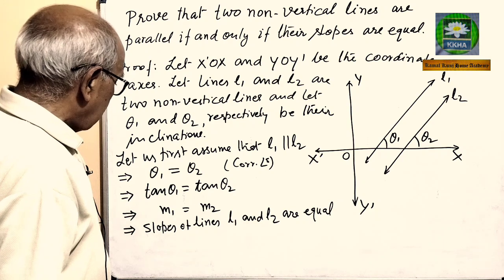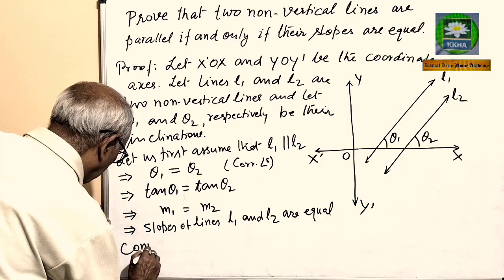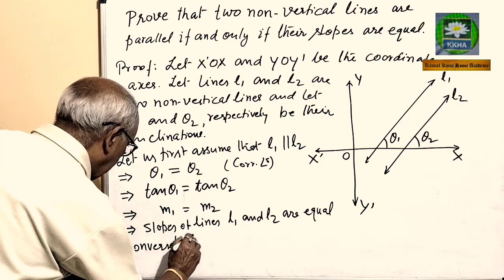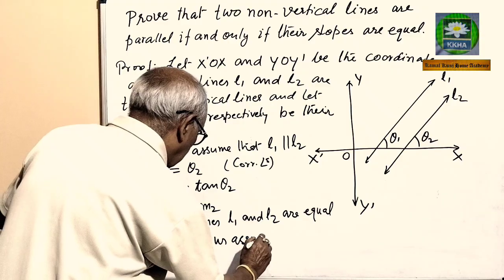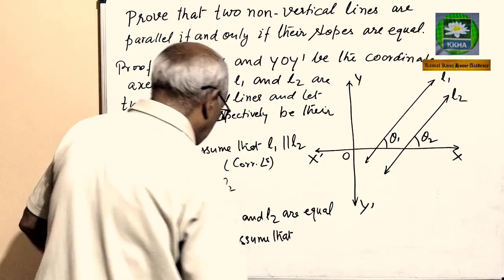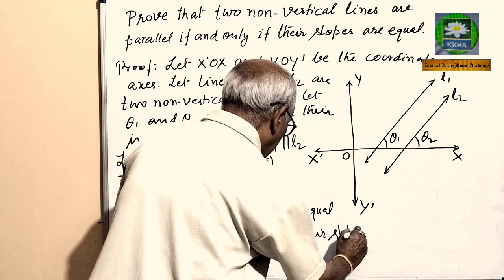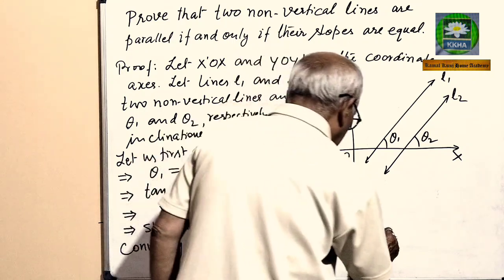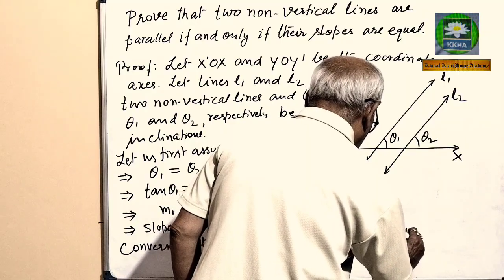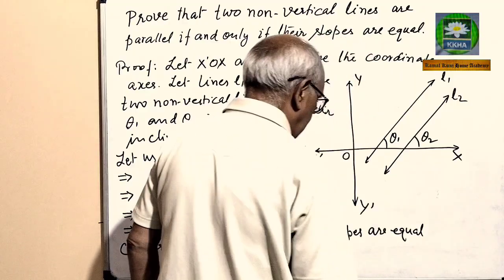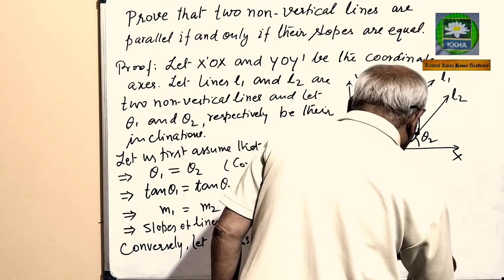Now, conversely, let us assume that their slopes are equal, that is, m1 is equal to m2.